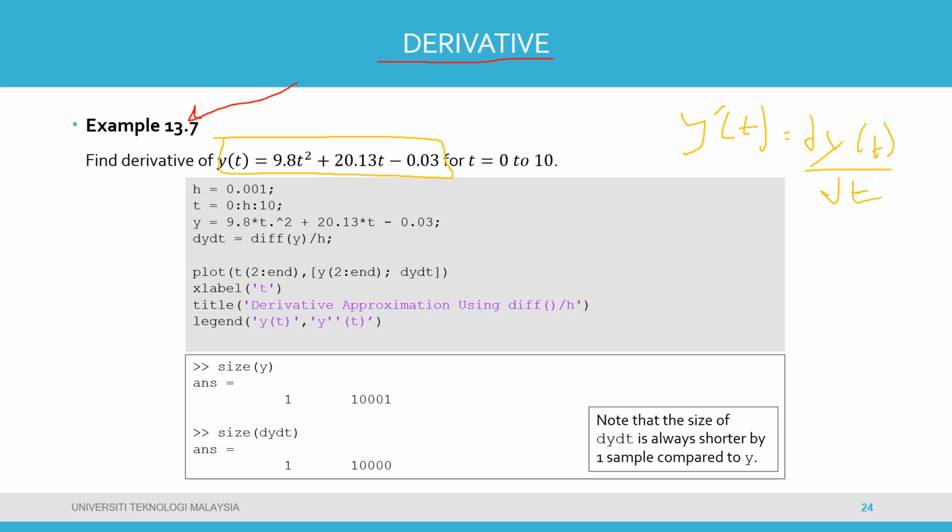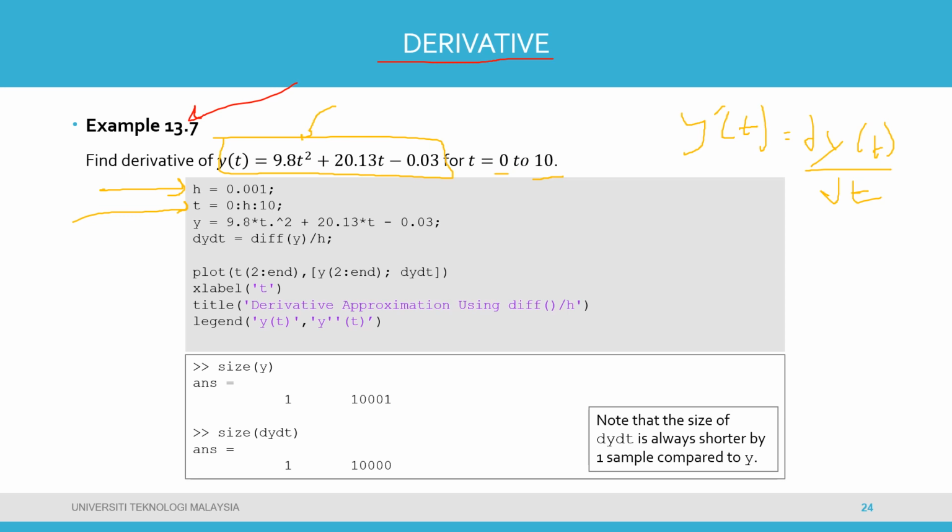Try to remember how to do this, and you want to find the value from 0 until 10. How to do this? Of course, you have to create a time vector, because this is based on t. t is basically the time. So 0 until 10, and of course you have to put the interval. What is the interval here?